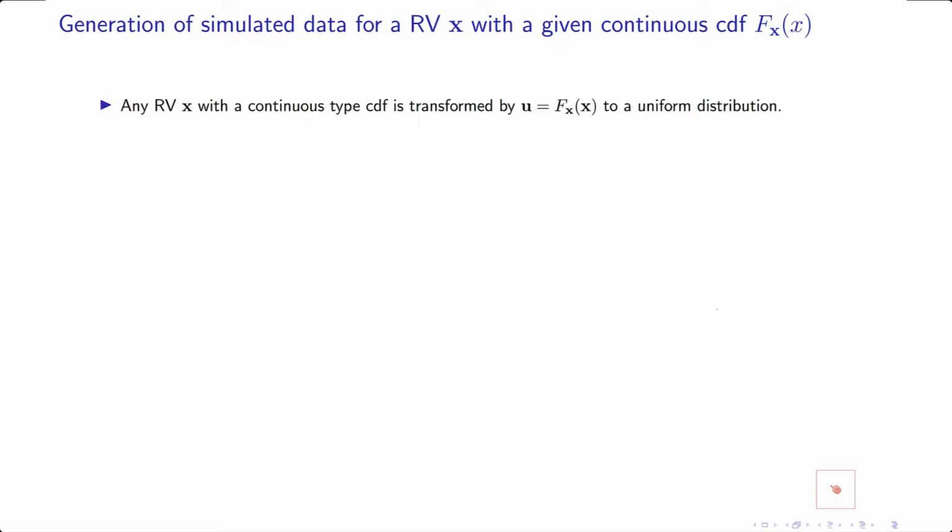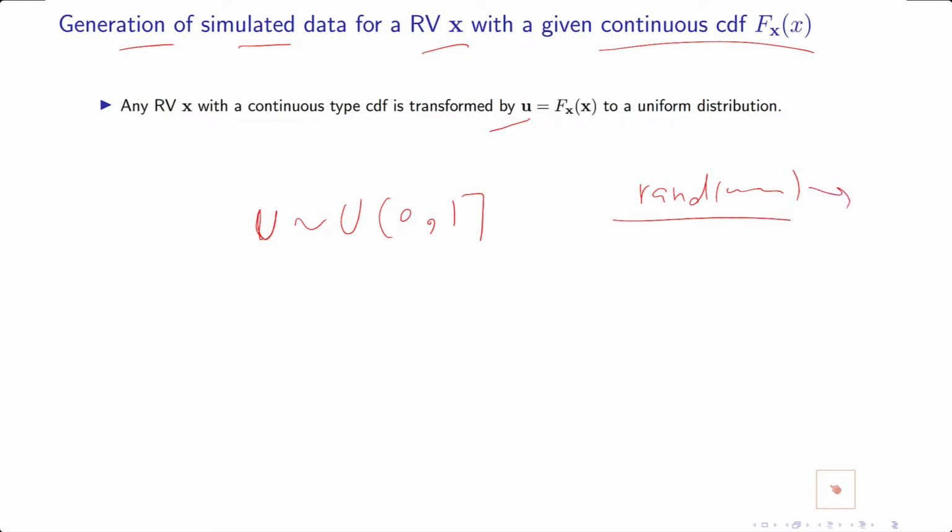Now, I want to see how I can use this theorem in order to generate, in simulation, a random variable x with a given continuous CDF. What I can do is generate a uniformly distributed U, because I know that U is uniformly distributed in the interval of 0 and 1. In MATLAB, you can use rand of some numbers, and it will quickly generate for you a uniformly distributed random variable between 0 and 1.